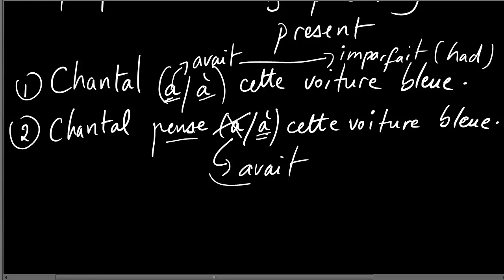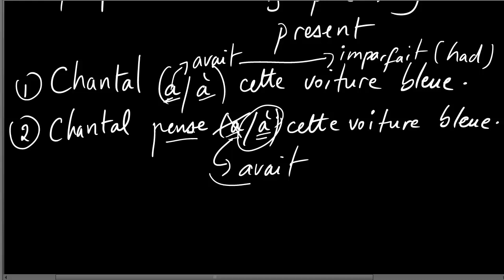Chantal pense à, Chantal is thinking about this blue car. That's the only option left, and this is the best answer with an accent, because by replacing à here with avait, our sentence didn't make any sense. Chantal thinks had this blue car. It didn't make any sense. That's why we chose à, the preposition.